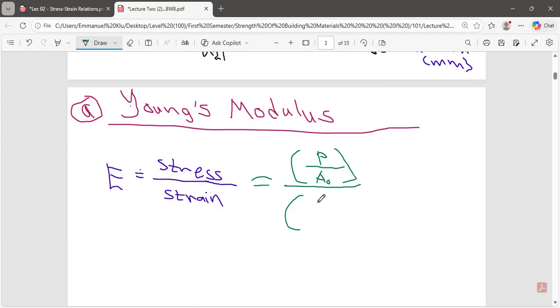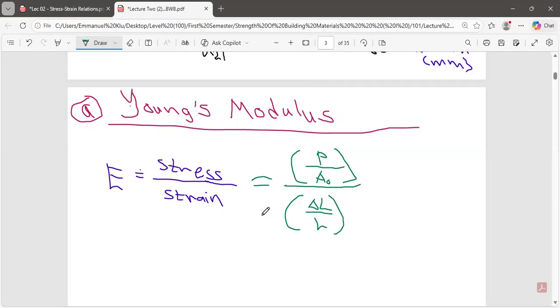And then the strain, as we all know, becomes the change in length over the original length.